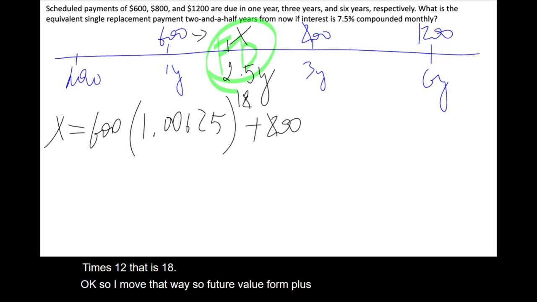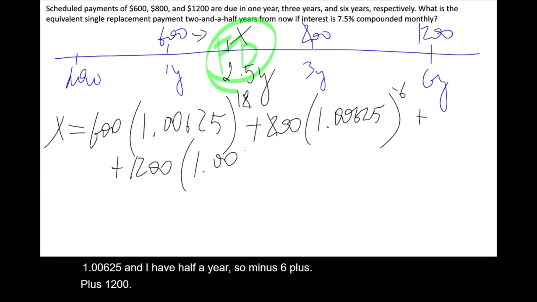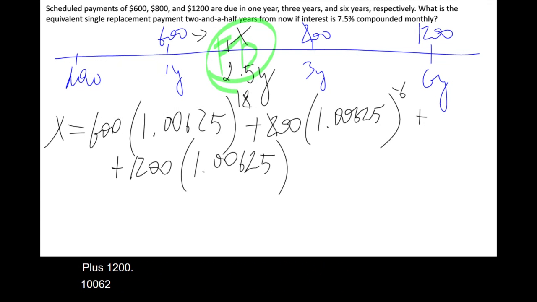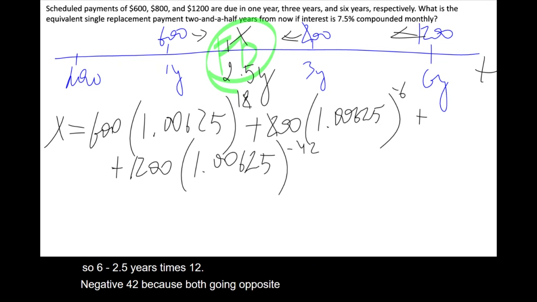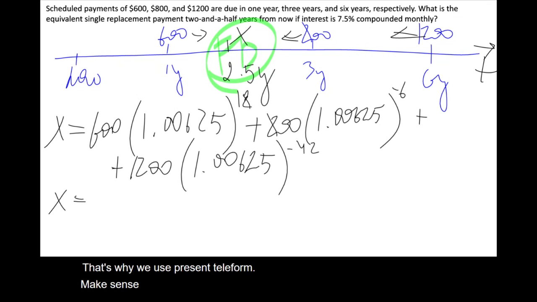Plus 800 times 1.00625, and I have half a year, so minus 6, plus 1200 times 1.00625. So 6 minus 2.5 years times 12, negative 42, because both are going opposite way to time, right? That's why we use the present value formula. Make sense, people?